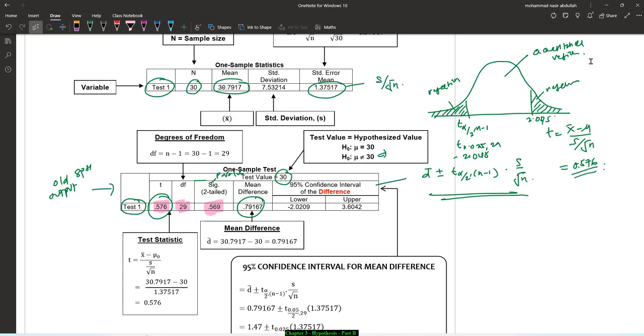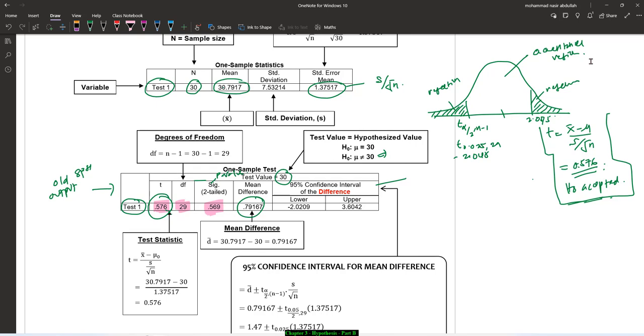Since the t calculated here lies under the acceptance region, we are going to accept the null hypothesis. So this is based on our current understanding. Let me clear this one.